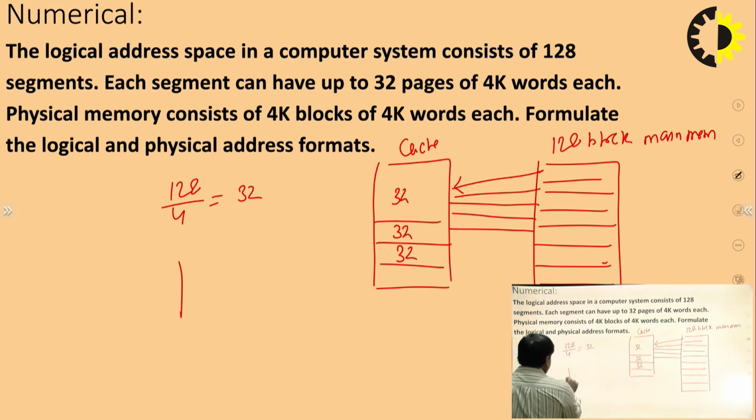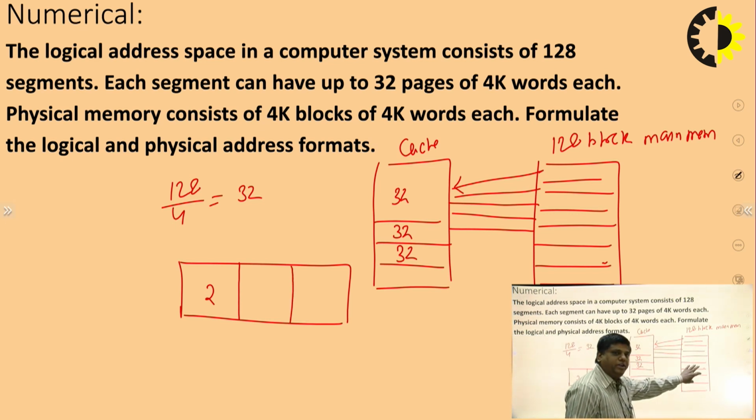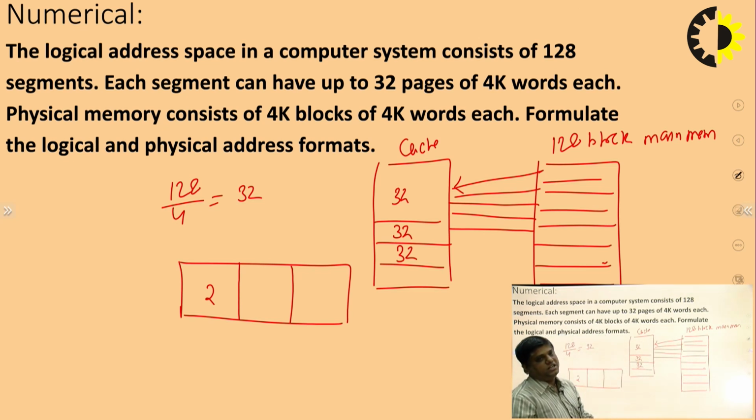Now, what is the logical address? How many blocks are available in the cache memory? 4. It means that is 2 bits. And how many pages can accumulate from main memory into the cache memory? That is 32. 32 means how many bits are required? 5 bits.